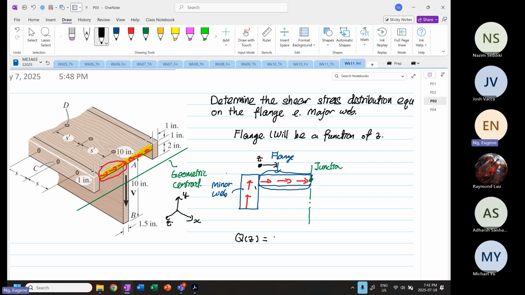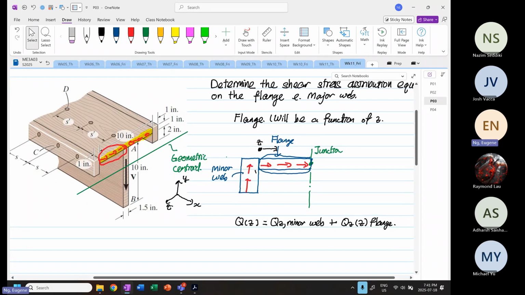So Q_Z of the minor web plus Q_Z as a function of Z for the flange, up to the junction only, because at the junction the shear flow on the left will meet the shear flow on the right, and it will hit the same peak value.